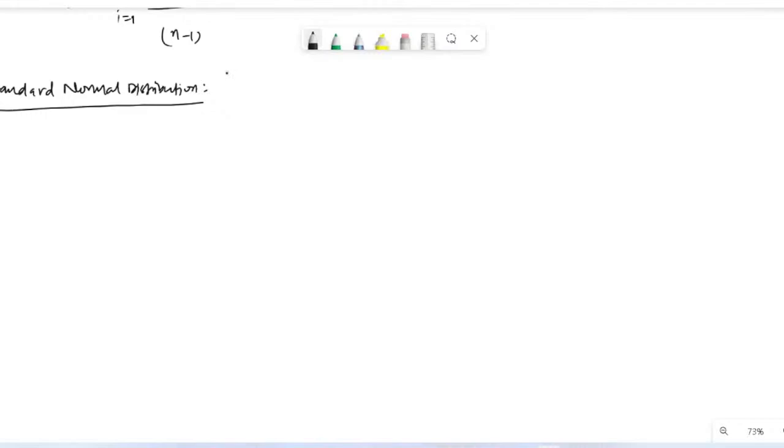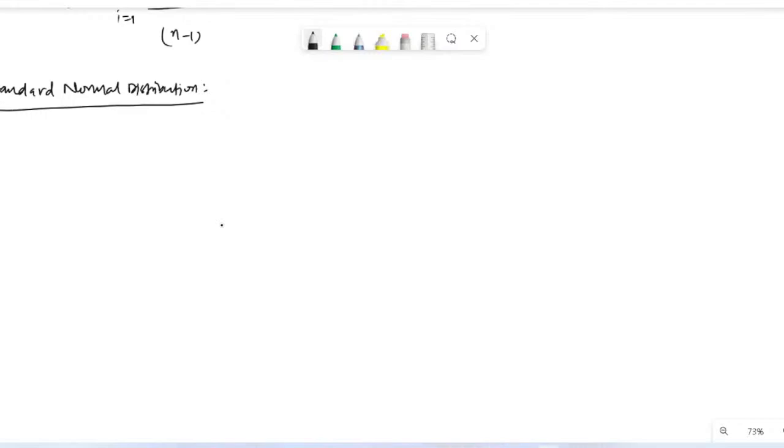And let's have a look into this part. This is an important section. We need to study the standard normal distribution part. So in the measure of distribution, we discussed the deviation part, the standard deviation. There are other measures which are also frequently used, which we will discuss as we proceed ahead.